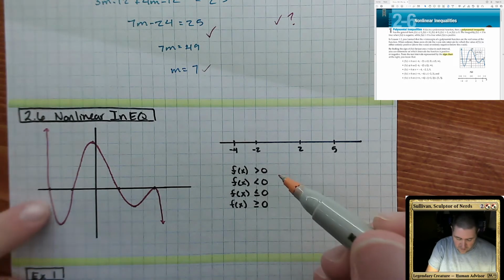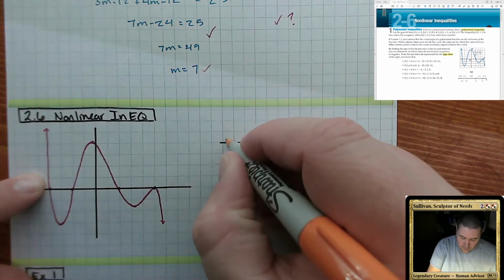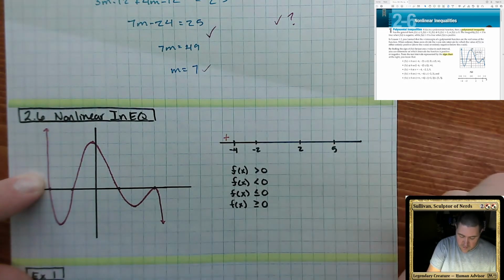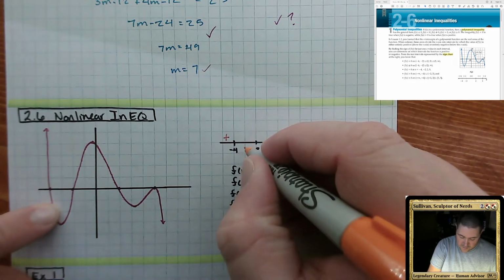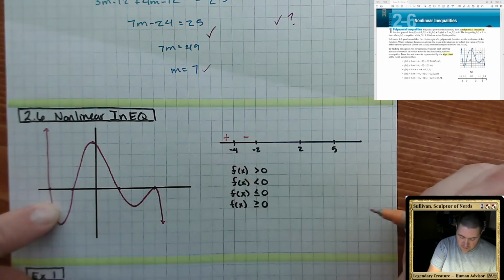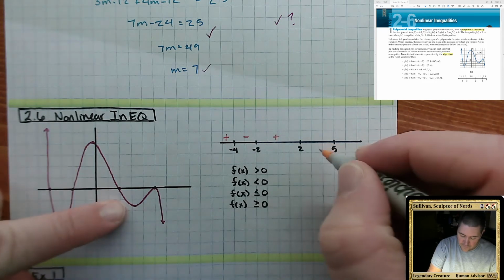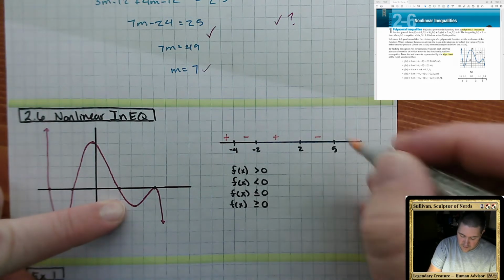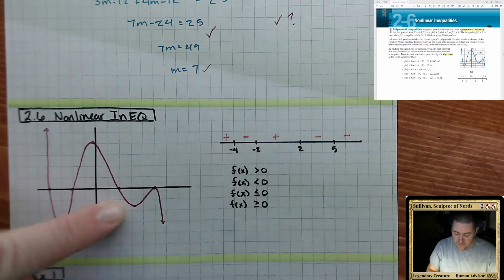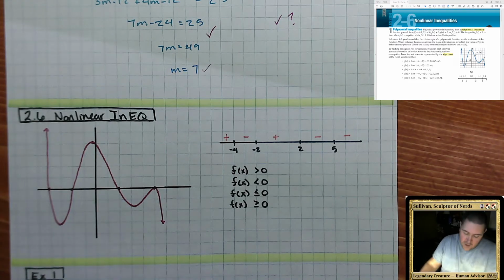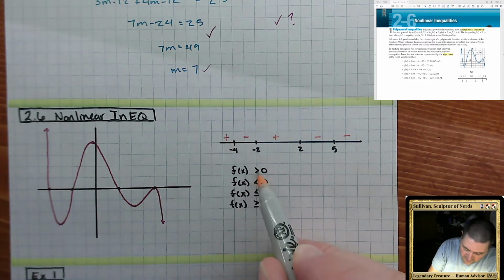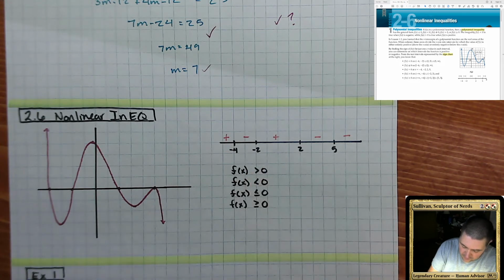The things that are greater than 0 are positives. The things that are less than 0 are negatives. Okay? So when I ask, where is this thing greater than 0?